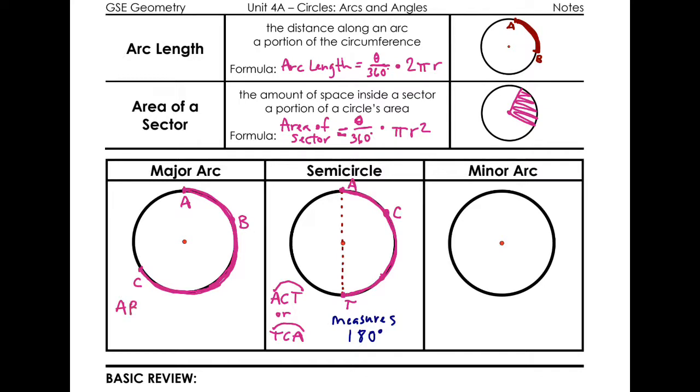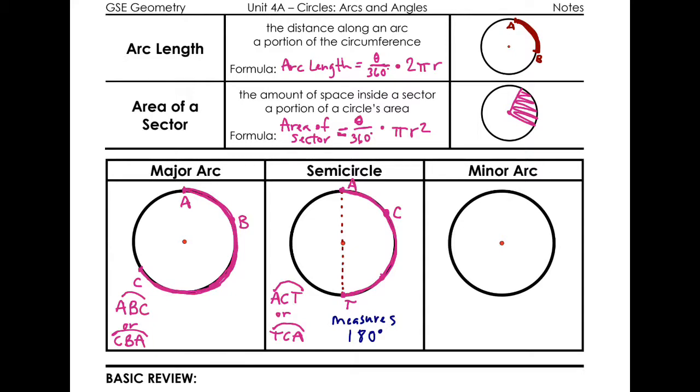So A, B, C, we can name it, or we can name it going the other way, but remember order matters. You could name it C, B, A. You cannot name it B, A, C, because that is not in an order that'll make the arc. You want to make the arc with your letters. C, B, A would make the arc as well. So I'm going to just put or, C, B, A. Make sure your arc is on the top.